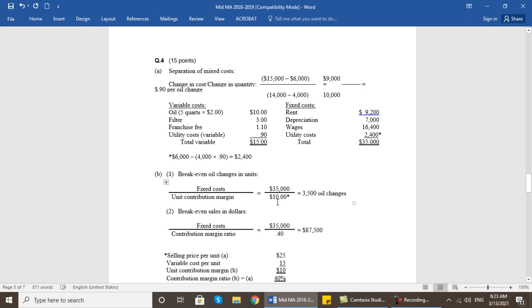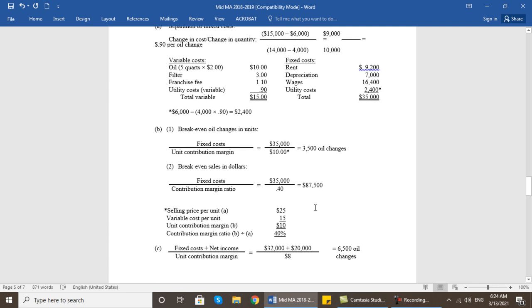As you see, the price 25 less the variable cost 15 will be $10. So we need 3,500 oil changes to reach break-even.